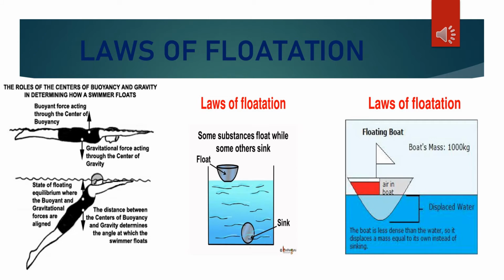That means when a swimmer makes an angle with the upper surface of water, the two centers, one is the center of buoyancy and another is the center of gravity, the distance between the two centers is decreasing. Always remember this. This is the extra point that I am adding.